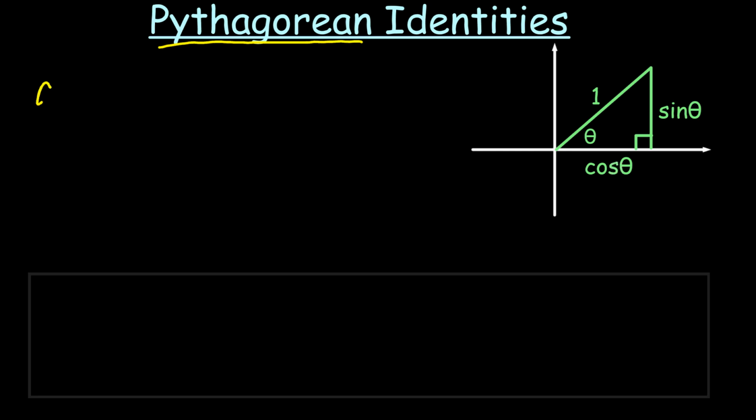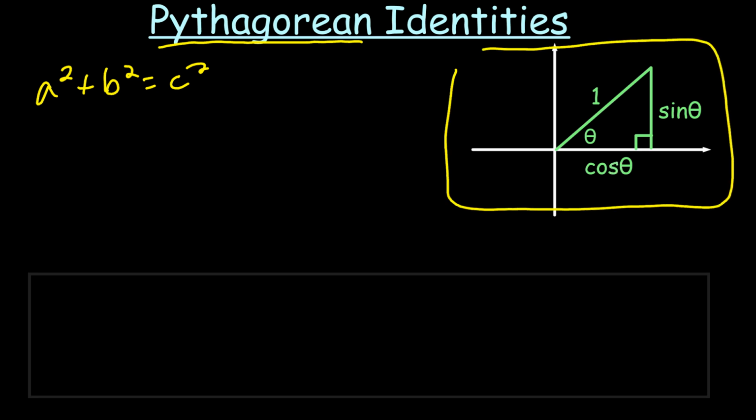This first word should give you a hint. The Pythagorean theorem is a squared plus b squared equals c squared. If we look at our setup of the unit circle, just like in the previous slide, the cosine is the x value, the sine is the y value, and our hypotenuse is 1. Since this is a right triangle, we can plug sine theta and cosine theta in for a and b, and 1 in where c is located.